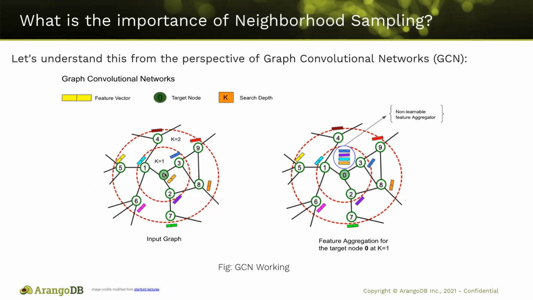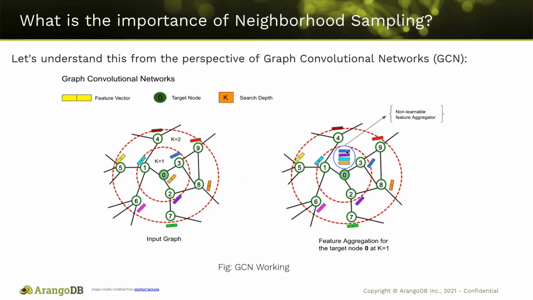So we ask the neighbors of node 0, which are 1, 2, and 3, and pull their feature vectors, which you can see in this diagram, showing what is happening at K equals 1.